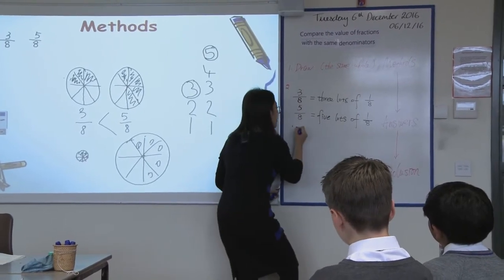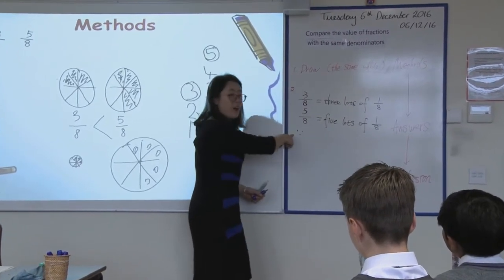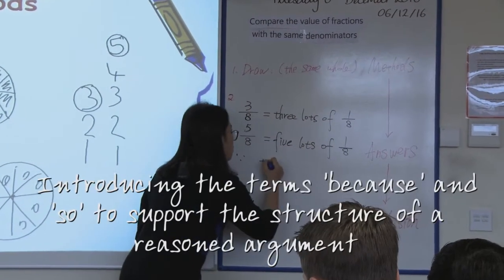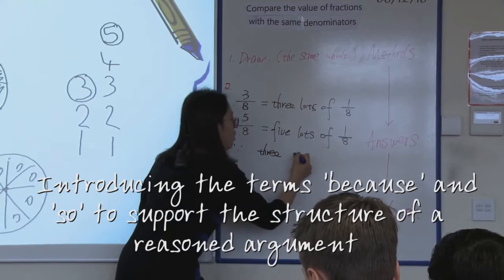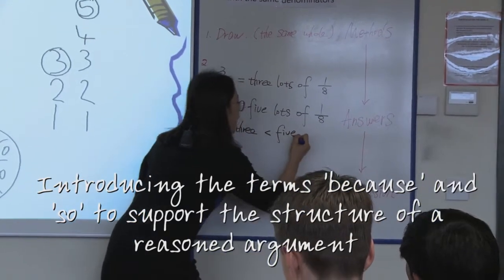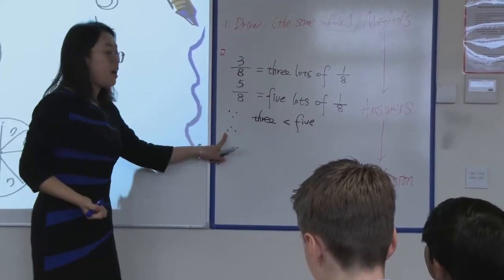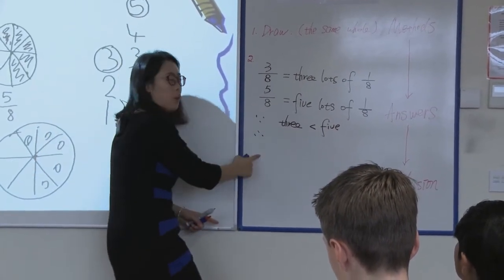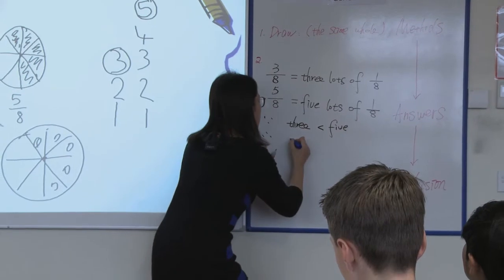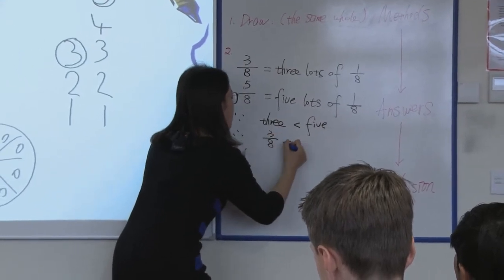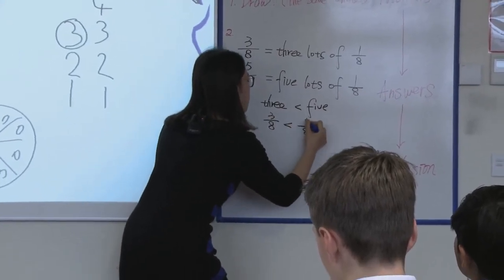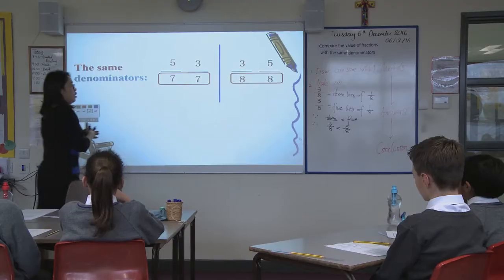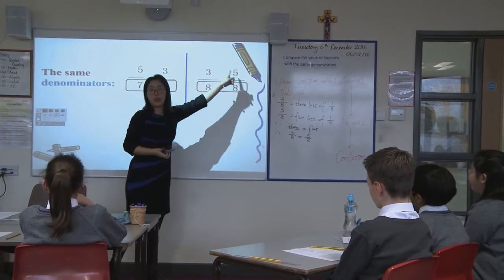But because 3 is less than 5, the sign in math is less than. 3/8 is smaller than 5/8, right? Yeah. Okay. First, we solve this problem.